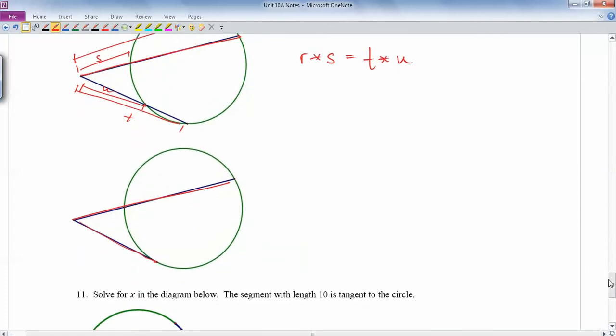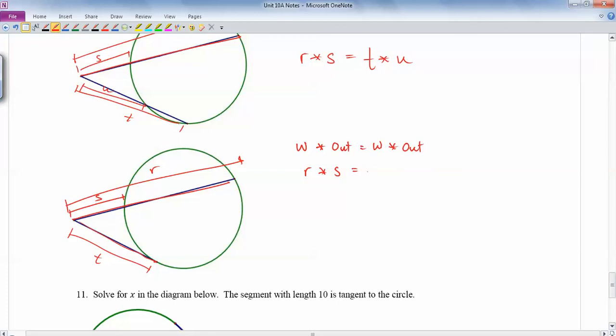Down here, something else happens. The whole thing is r, and the outer part is s. Down here, the whole thing is t, and the outer part is also t. So t and u in this case are the same thing, right? So it's really just t. So if we say the whole is r times the outside is s, so whole times outside equals whole times outside.